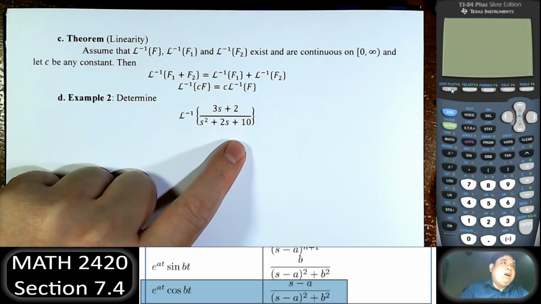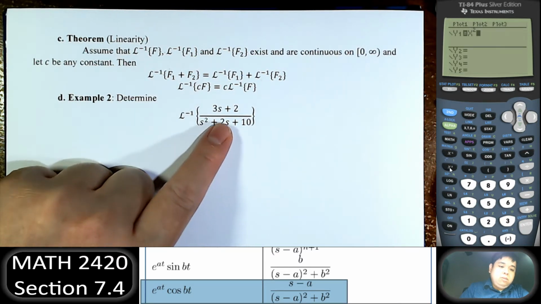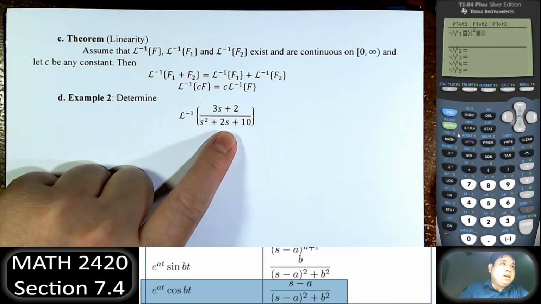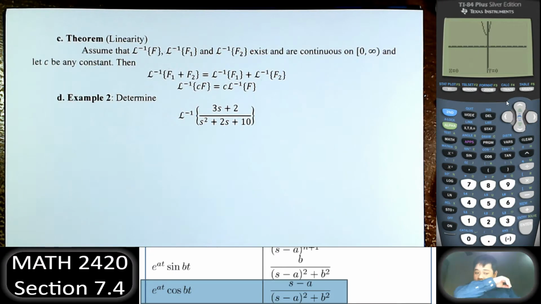So let's look at the graph. x squared plus 2x plus 10. Once again, there's no x-intercept, no real solution, so we cannot factor.